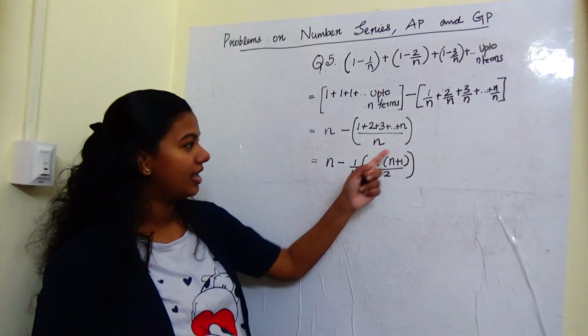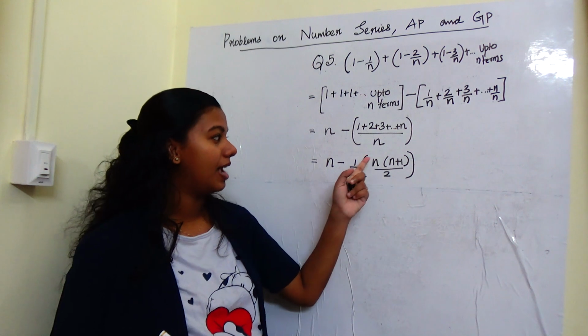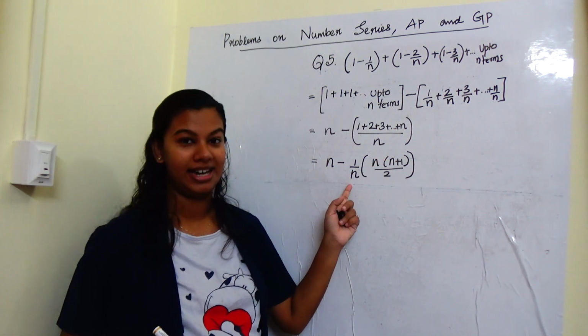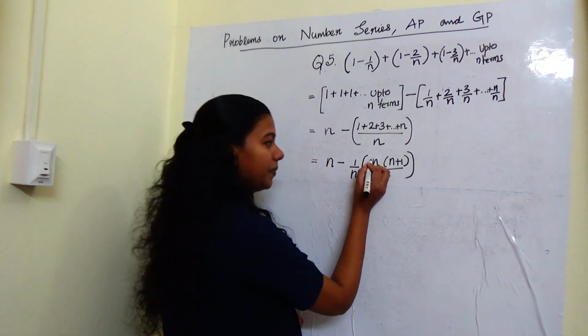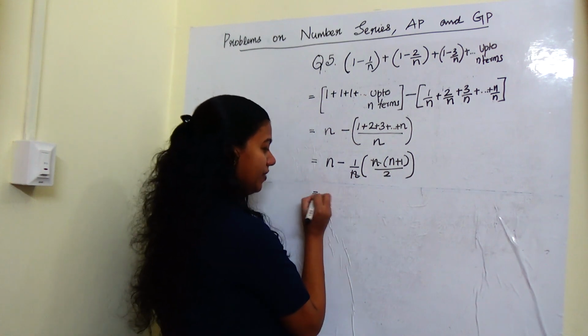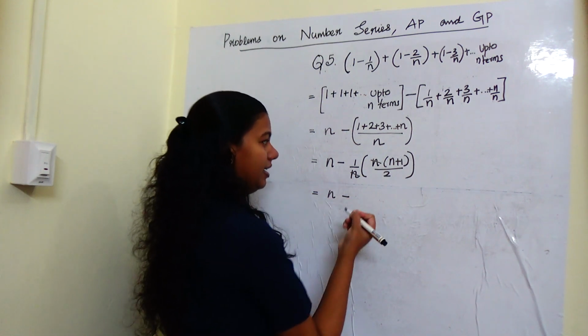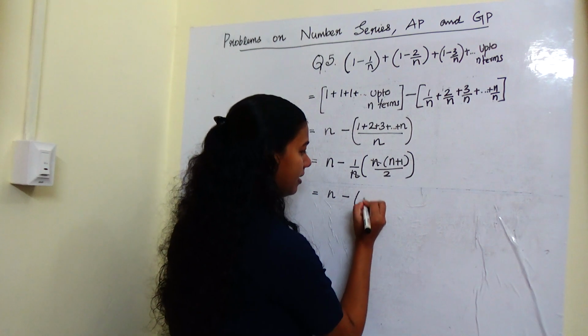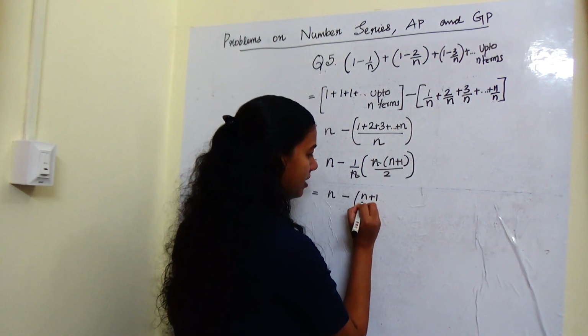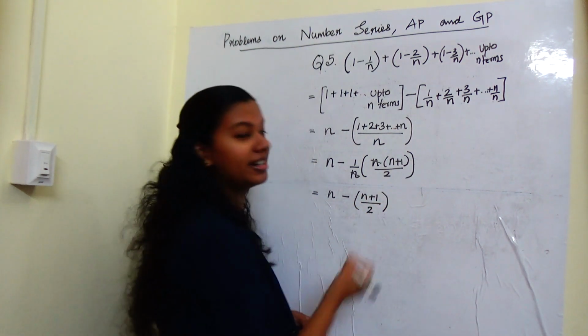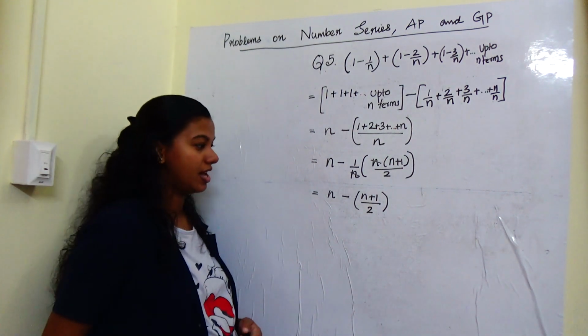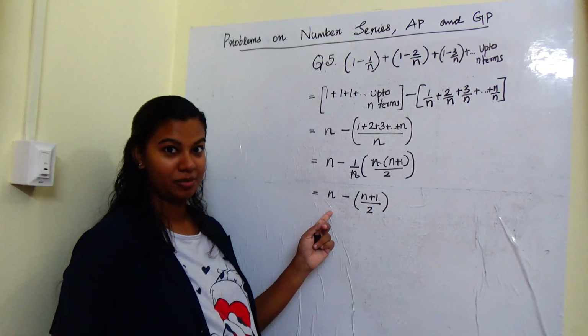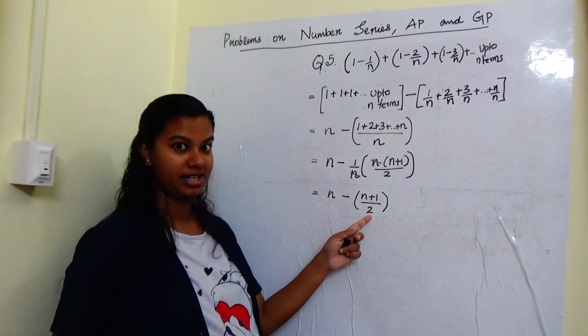Now in this term, n is multiplied as well as divided. So we can cross off. So we get n minus, what do we have left? n plus 1 divided by 2.